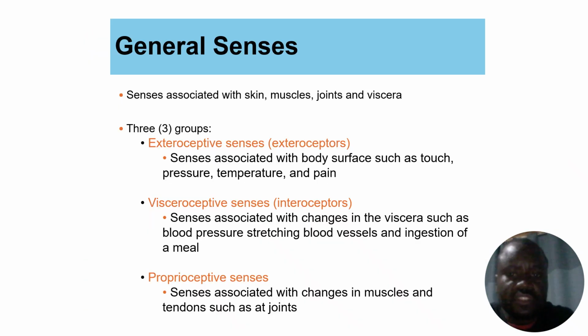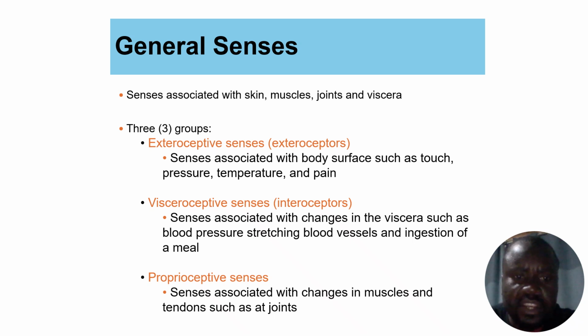So general senses, continuing, is that some of the principles you need to know, I think I mentioned this in one of the lectures. These general senses are associated with the skin as the largest organ on the body, then the muscles in terms of their extension, the joints and internal organs.